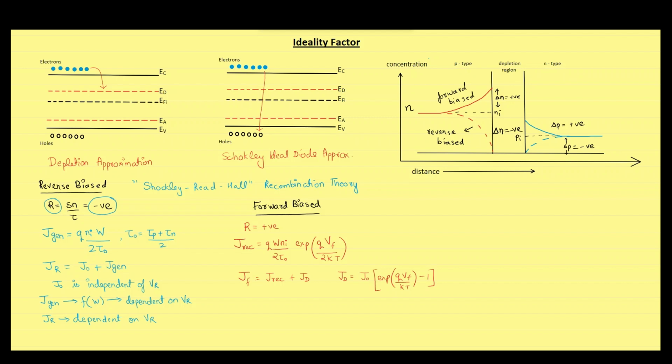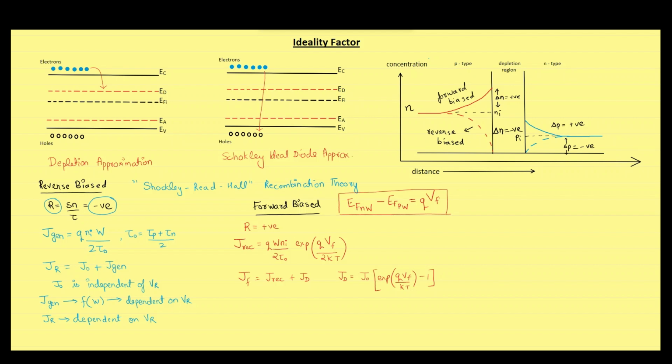In terms of quasi-Fermi energy levels, which we just studied in the last lecture, we can also write: quasi-Fermi energy level for free electrons in the depletion width minus quasi-Fermi energy level for holes in the depletion width is equal to charge on an electron multiplied by forward bias voltage. Upon conducting various experiments, it was noticed that at low current density, the recombination current dominates, and at higher current density, the ideal diffusion current dominates.